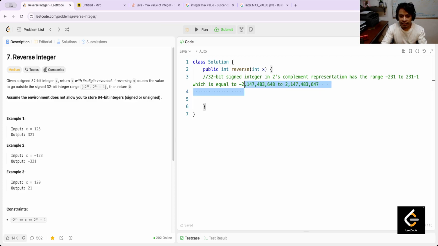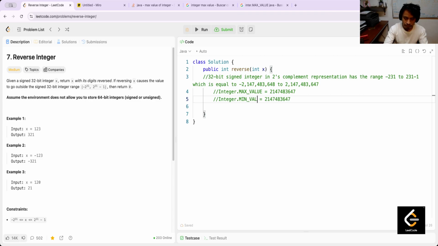Okay, well, in essence, the minimum value is the same, but this is 8.